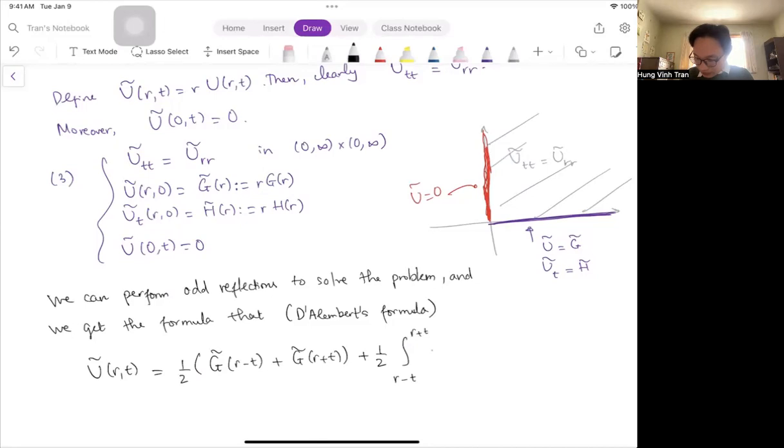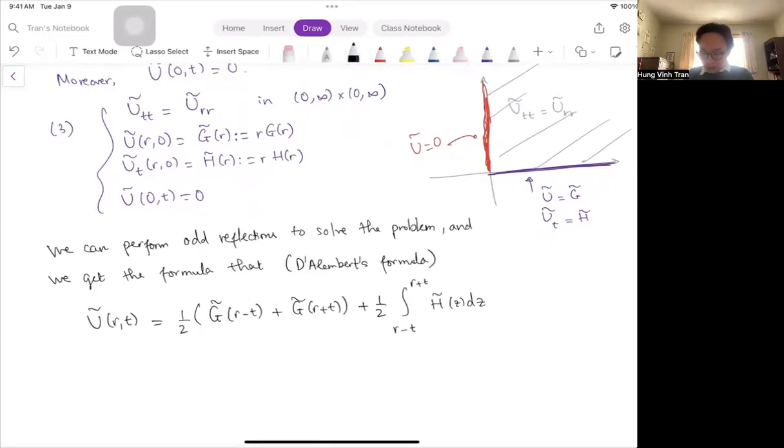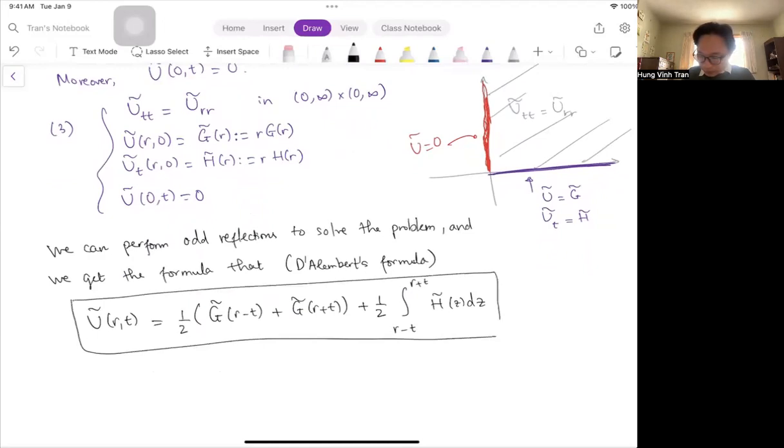Velocity is h tilde of z dz. Okay, so that's the d'Alembert formula, in which, by abuse of notation, I'm using the odd extension of g tilde and h tilde to be exactly themselves.